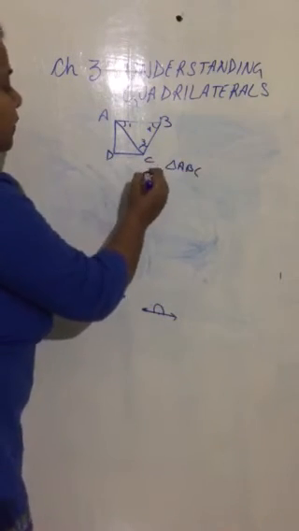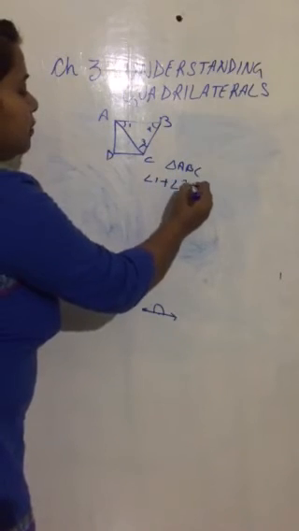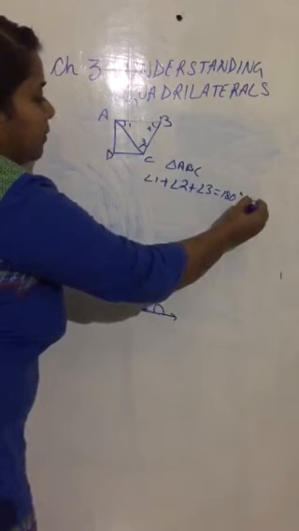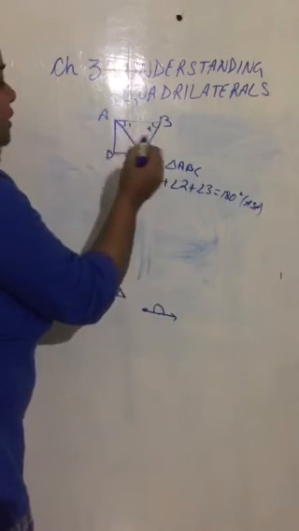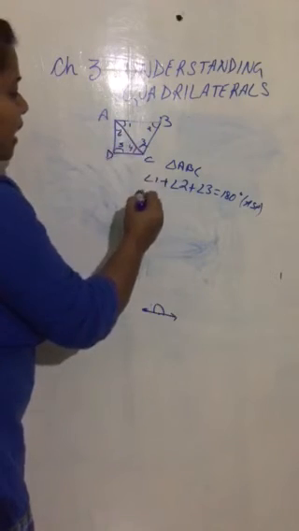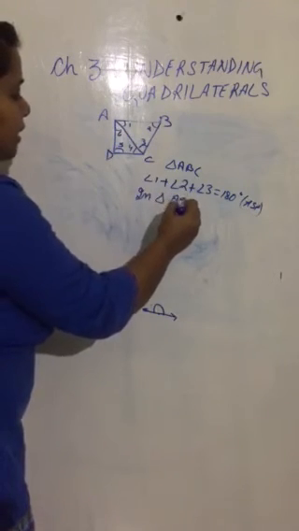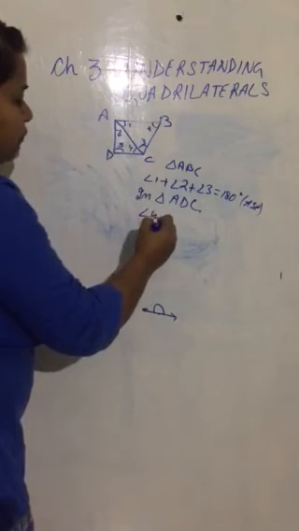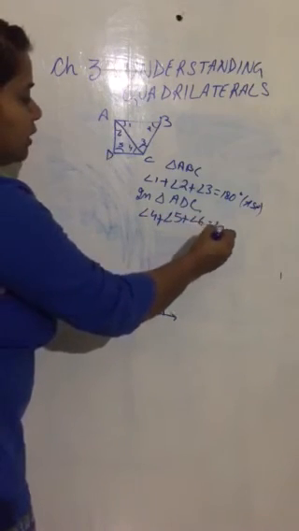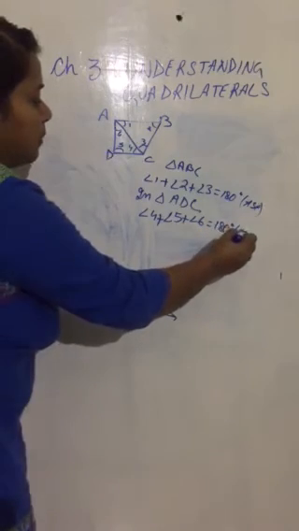Do you agree? Why? Angle sum property. And here let us label it 4, 5, 6. And in triangle ADC, what do you get? Angle 4 plus angle 5 plus angle 6 is 180 degree, again by angle sum property.